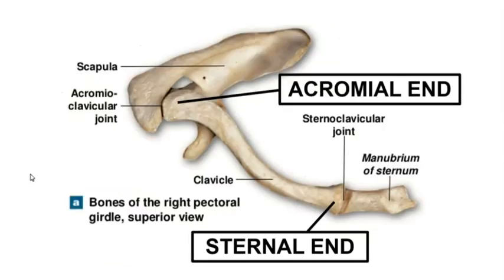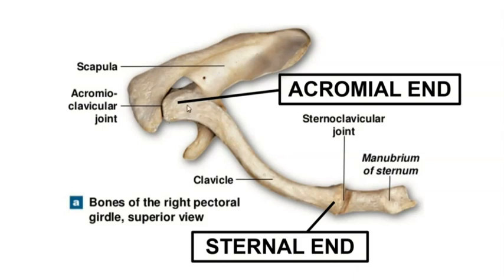Here we see the connections a little more clearly between the clavicle and the scapula. Here's the acromial end, which makes a joint with the scapula at a piece of the scapula called the acromion.